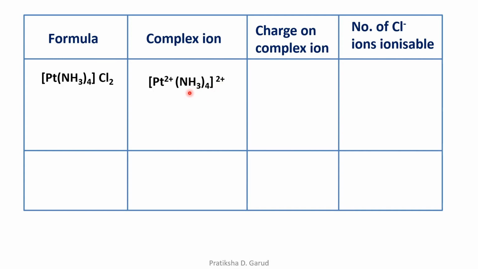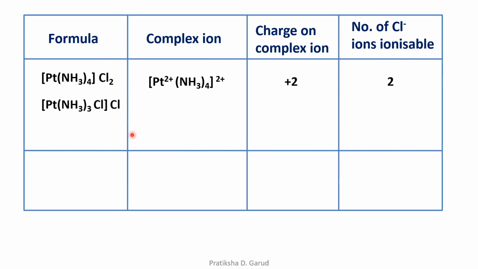Why 2+? Because outside the square bracket we have 2 Cl, each with a -1 charge, therefore the complex has a +2 charge. So the charge on the complex ion is +2, and the number of ionizable Cl- ions is 2, because there are 2 Cl outside the square bracket.